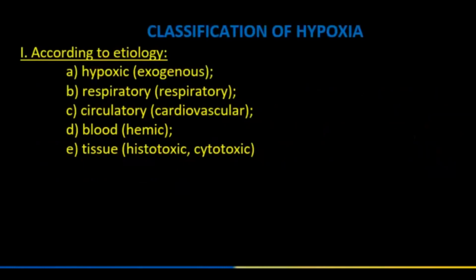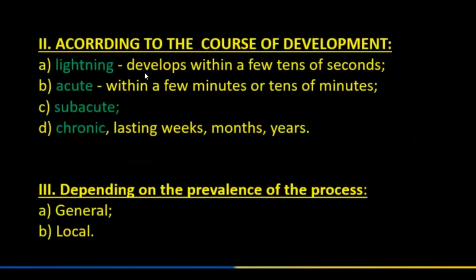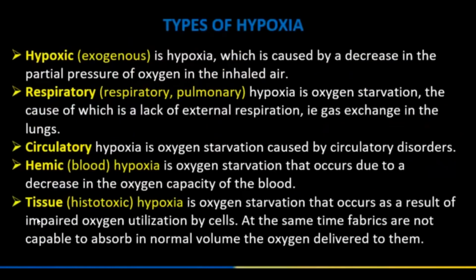Classification of hypoxia according to etiology: hypoxic, respiratory, circulatory, blood, and tissue. According to the rate of development: lightning, acute, subacute, and chronic. Depending on the prevalence of the process, it is general and local.